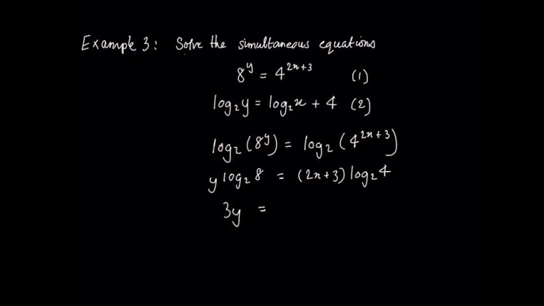And log to the base 2 of 4, well, obviously 2 squared is equal to 4, so that's going to be 2. So 2 times 2x plus 3 is going to be 4x plus 6. So 3y is equal to 4x plus 6. What we can do now is rearrange that to write y is equal to 4x plus 6 divided by 3.